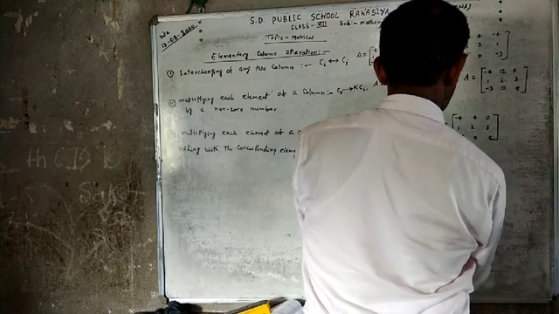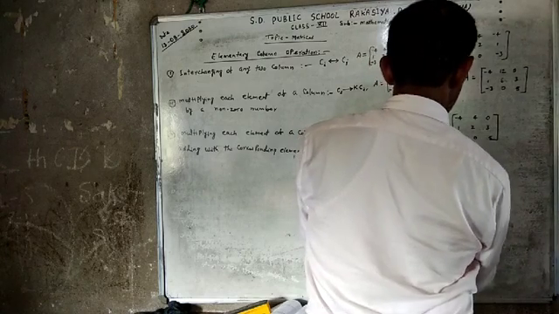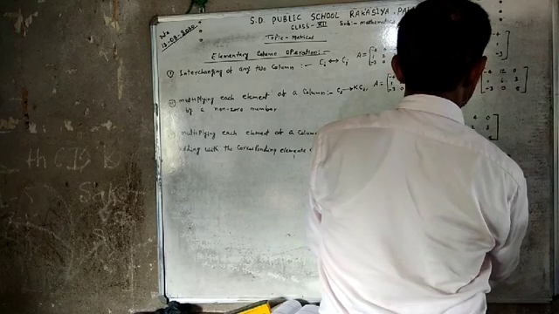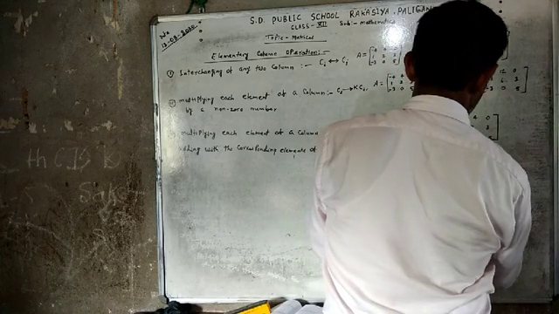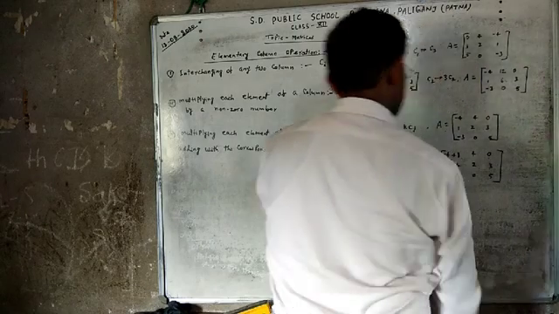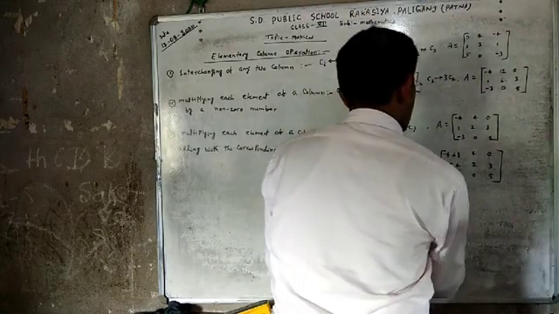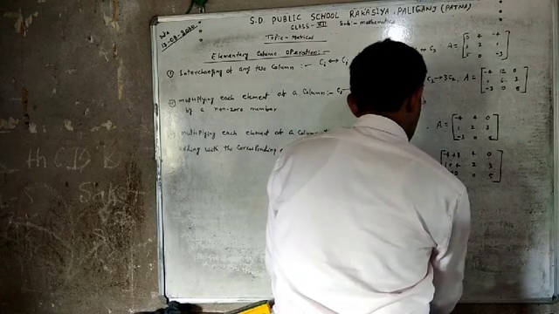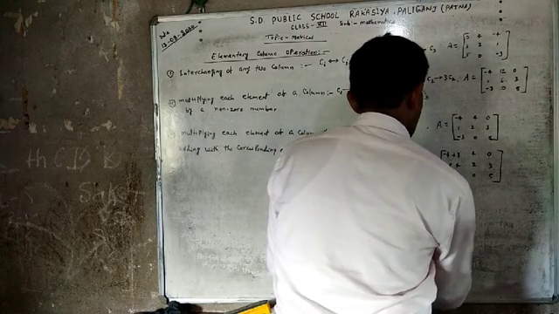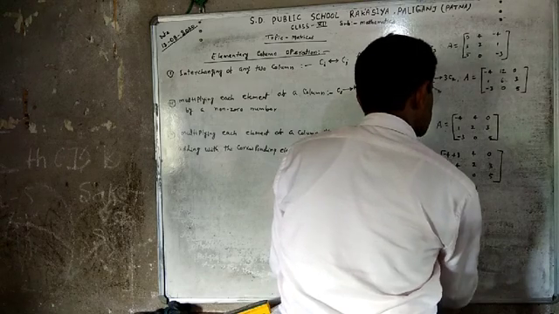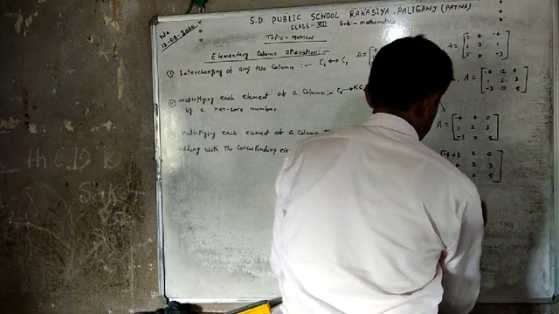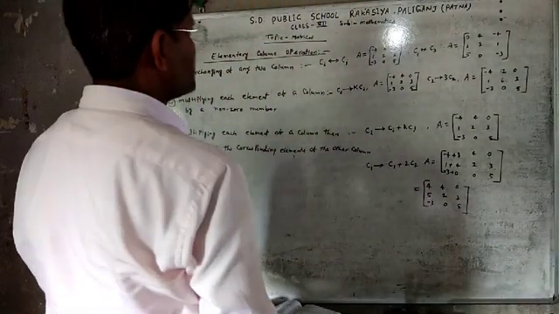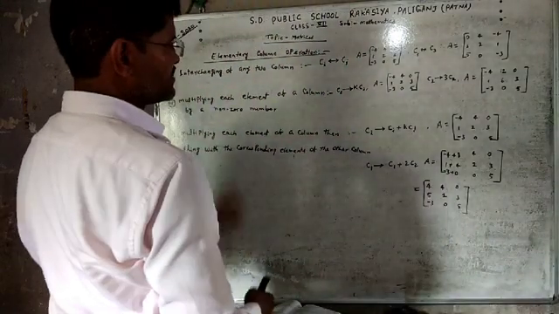And -3 plus 2 into 0 is 0. The other columns are not changed: 0, 3, and 5. Then the matrix can be written: -4 plus 8 equals 4, 1 plus 4 equals 5, and -3; then 4, 2, and 0; and 0, 3, and 5. The elementary column operation is completed.